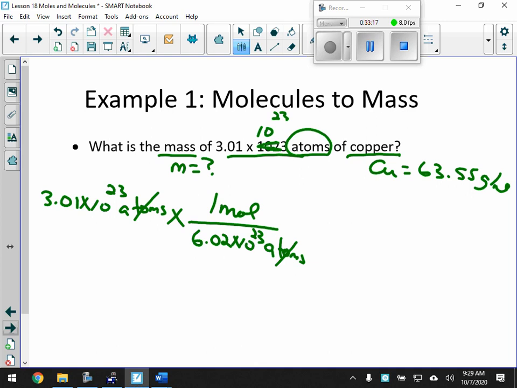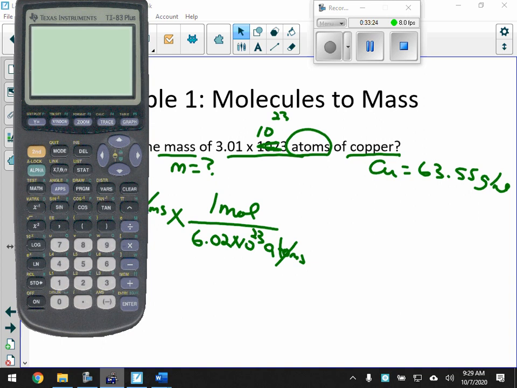Now remember, when you go to do this, we talked about this last day, you have to be careful because you have to enter this appropriately into your calculator. There were a couple options I gave you, but that's why I kind of like the E function here, because we got 3.01 E, which means times 10 to the 23, divided by 6.02 E times 10 to the 23, okay?